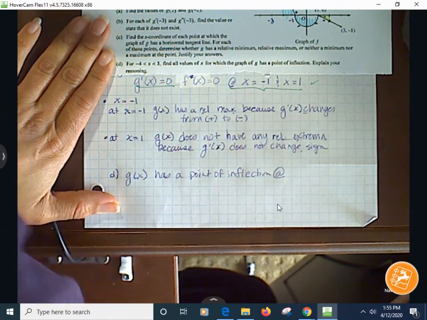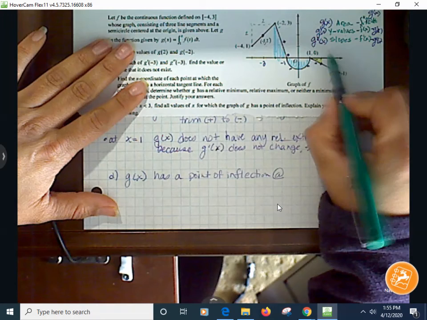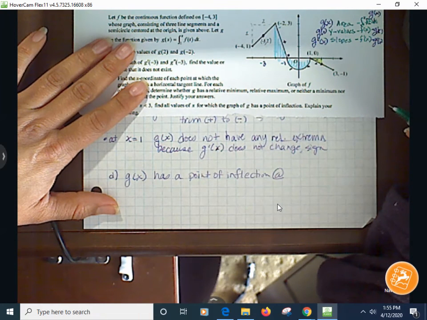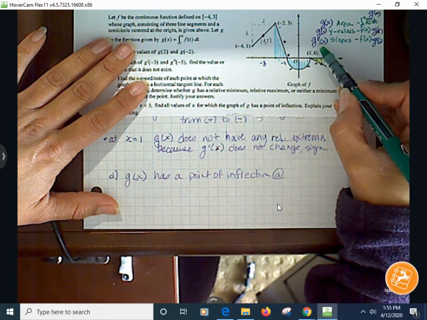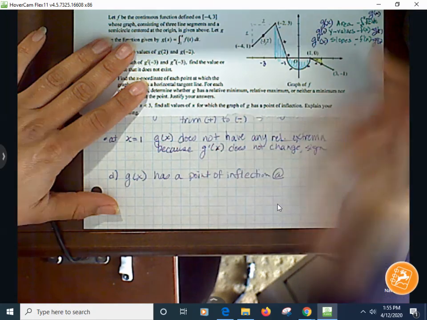A point of inflection is determined by the second derivative, and the second derivative is the slopes. You have a point of inflection when your function changes concavity, or in other words, your double prime changes sign. So I want to see when the slopes of the graph change sign.